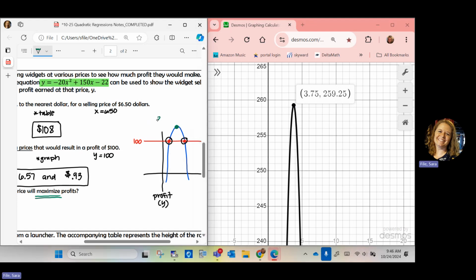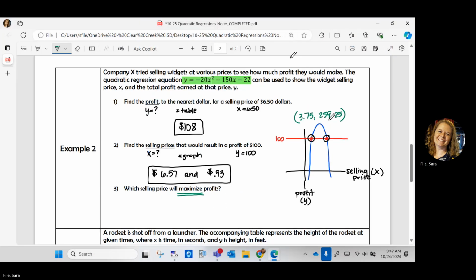It is 3.75, 59.25. So I found the maximum on my graph.